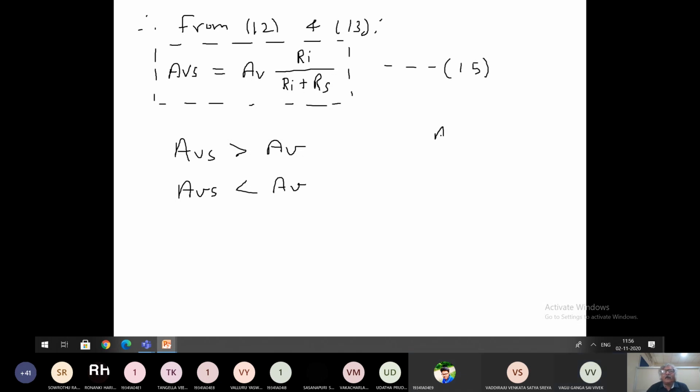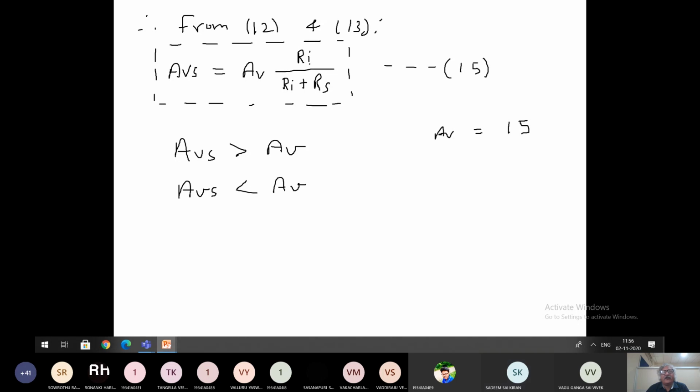Okay, let us assume our AV is 15. Now you see this expression Ri by Ri plus Rs. This will definitely be in decimal or not? Yes, sir. It will not be more than 1, or will it be more than 1? Less than 1. It is always less than 1.